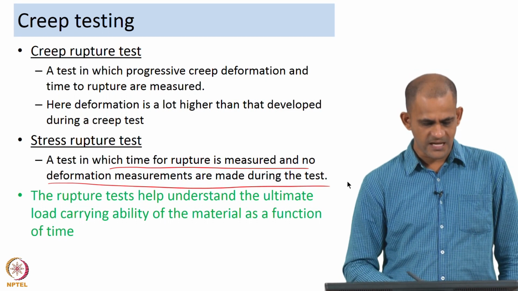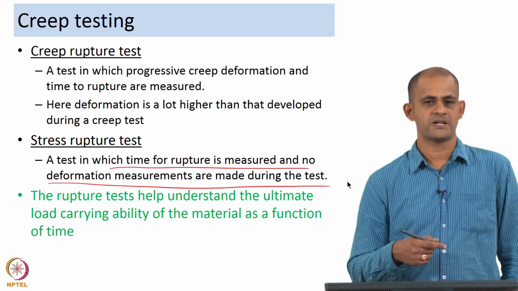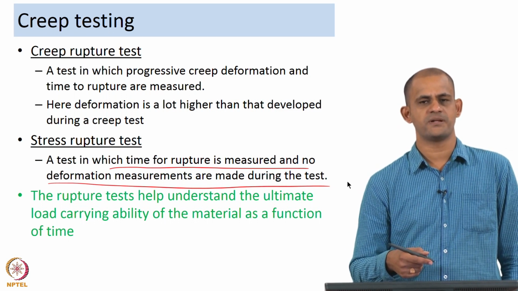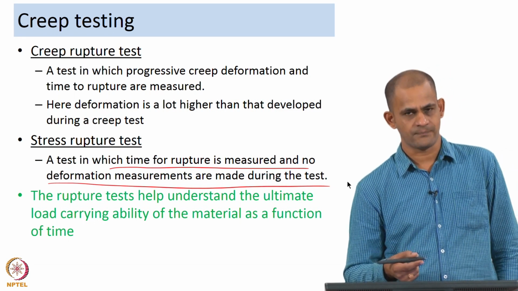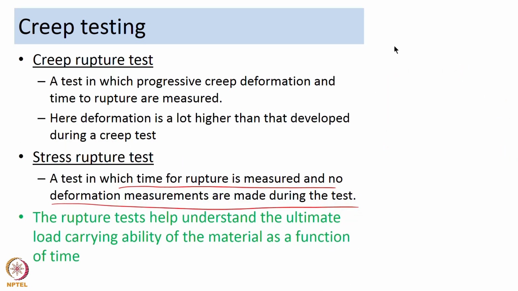Now, the rupture tests, that is both the creep rupture and the stress rupture test, allow you to understand the ultimate load carrying ability of the material as a function of time. What I am trying to say here is, the creep test basically is carried out up to a few percent. So, say this is epsilon versus time.